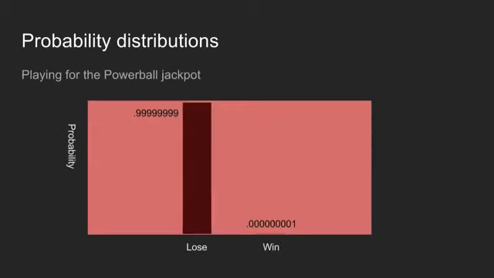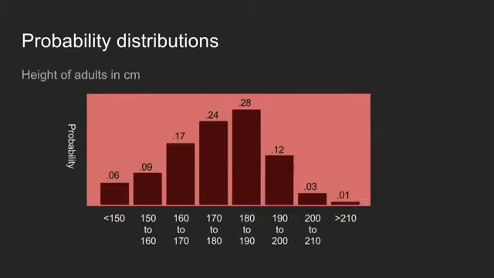Similarly for Powerball tickets, and even for things that are more complicated, like let's say the height of adults in the United States in centimeters. You might believe that there's a very small chance that they'll be over 210 centimeters and a smallish chance that they're less than 150 centimeters, and then assign various amounts of this belief to all of the ranges in between. It still adds up to 1.